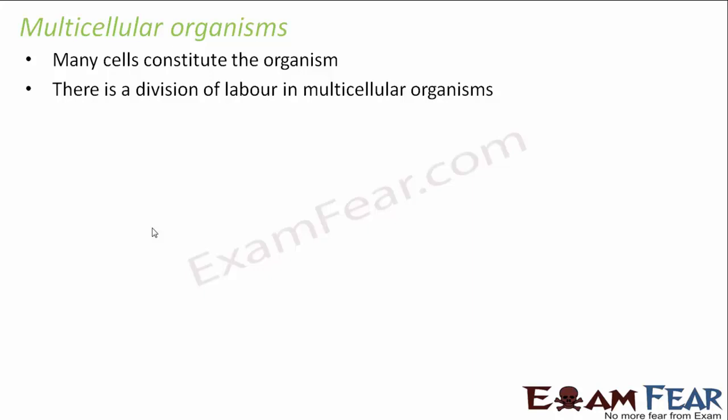For example, let us take this example. Let us suppose you have 10 people to work on a project, right? That project involves so many different things. Let us suppose you have to construct a house and you have got 10 laborers with you. You actually divide the work among the 10 of them.